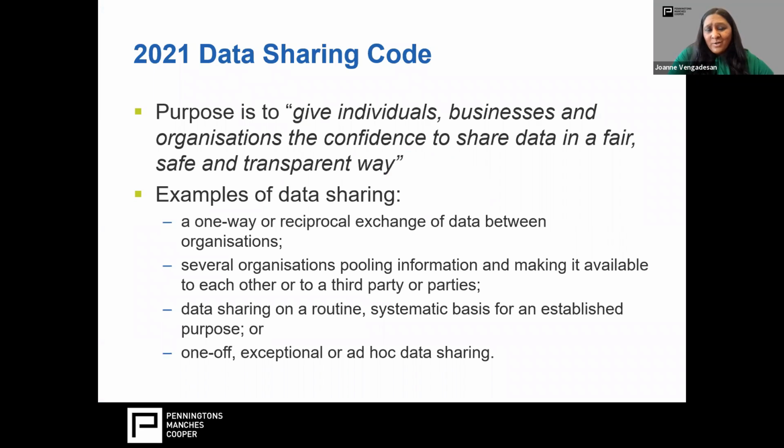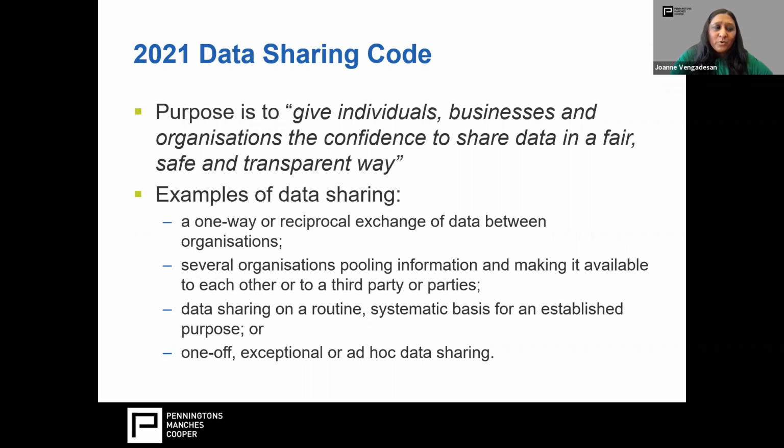So the ICO's data sharing code has been issued with the purpose of giving individuals, businesses, and organizations the confidence to share data in a fair, safe, and transparent way. And really, I think from a UK regulator perspective, they do not want data protection laws to impede genuine, legitimate, fair, safe, and transparent data sharing.